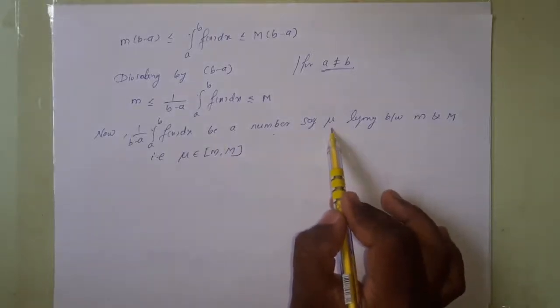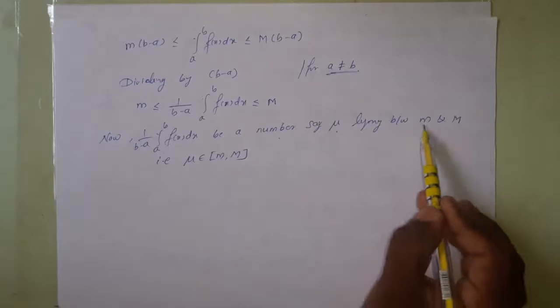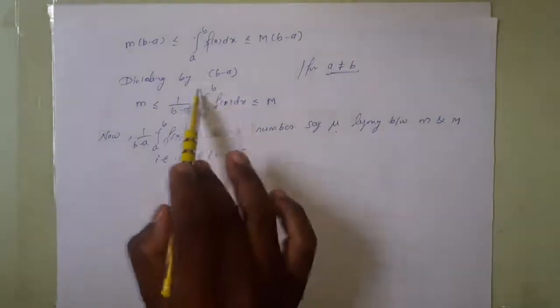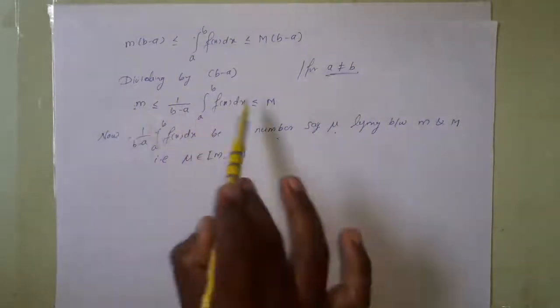That mu must be lying between small m and capital M, because this quantity is in between capital M and small m.